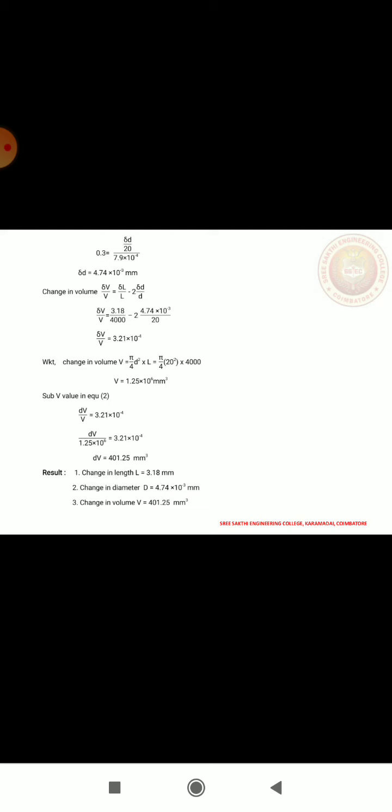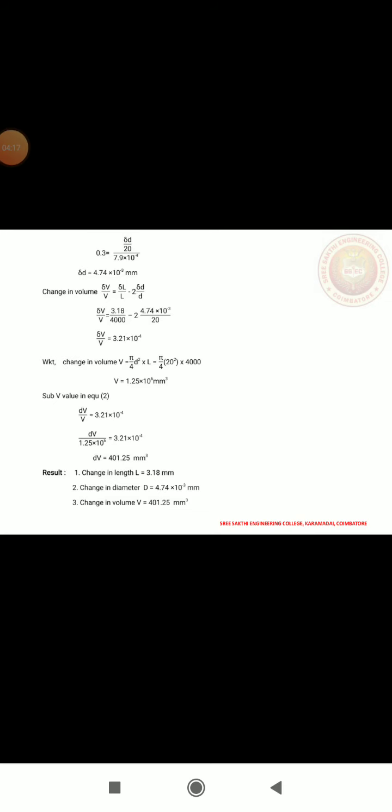Knowing the value for the diameter, from this relation we can calculate the change in diameter, that is del D. After substituting the known values, we get the change in diameter as 4.74 into 10 to the power minus 3 mm.